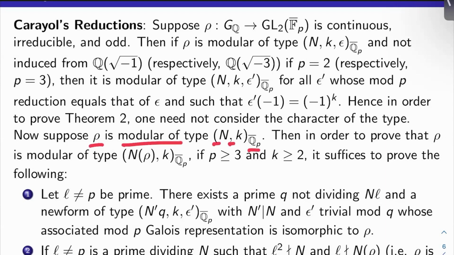Suppose rho is modular of type N K over QP bar. Notice I got rid of the character because I don't need to talk about it anymore.